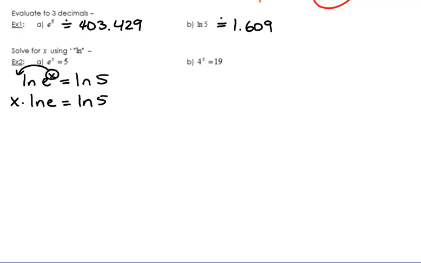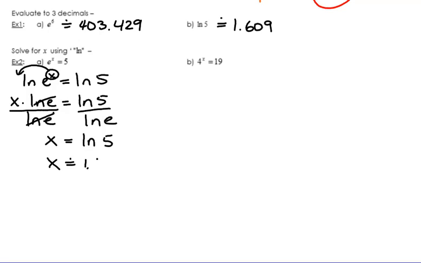Now the x is no longer in the exponent, which is great. It's now a coefficient. And so I can solve for x by dividing ln e out. And you get x equals, and you should recognize that ln e equals 1. If you don't, you can put this all into your calculator and you'll notice that you still get ln 5, which is approximately 1.609.